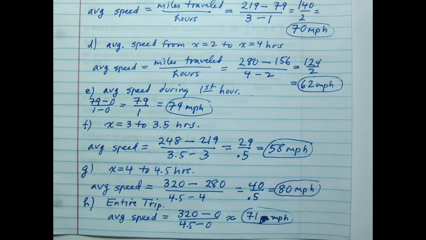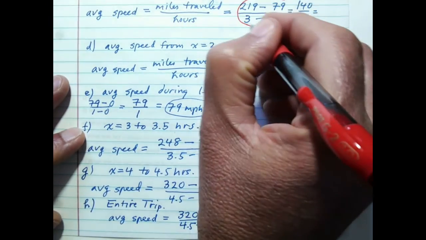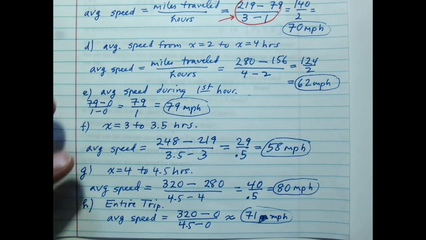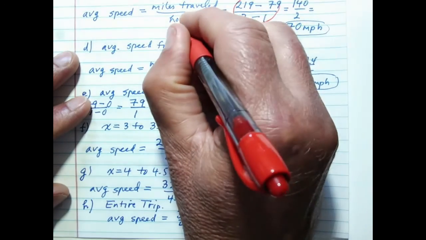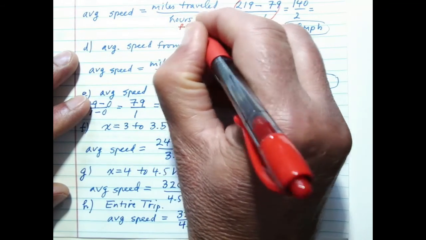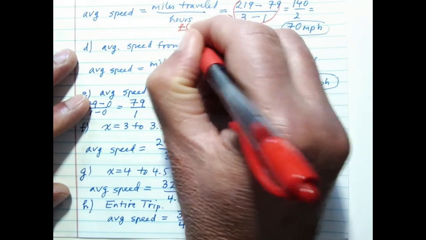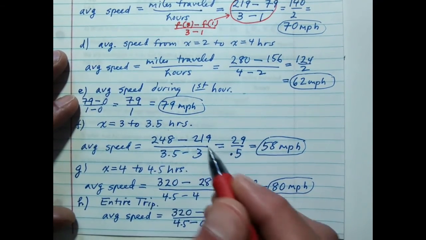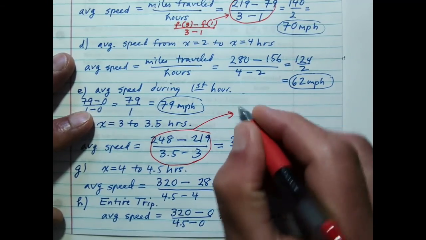And just one last comment I want to make about some of these. I just want to talk about the look of some of these calculations that we did. 219 minus 79 over 3 minus 1. We could have described that in function notation as f of 3 minus f of 1 over 3 minus 1. I want to pull another one out here. 248 minus 219 over 3.5 minus 3.